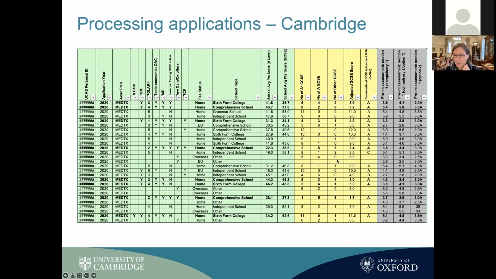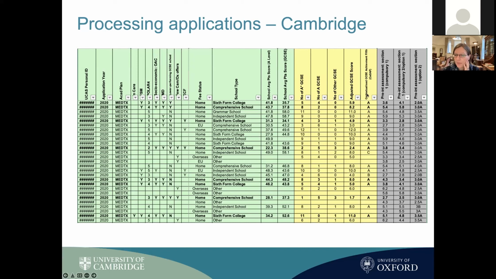These are very, very strong applicants with very, very strong profiles. But the thing that we then also do with this is to adjust the GCSE score depending on the strength of the GCSE school. So this person, for example, who is at a lower performing GCSE school, starts to have A's counted as A stars in that adjusted score, and then it's the adjusted GCSE score that we would use in any kinds of comparisons.